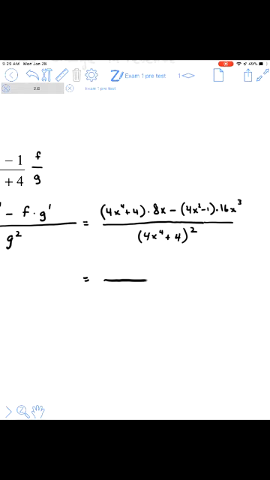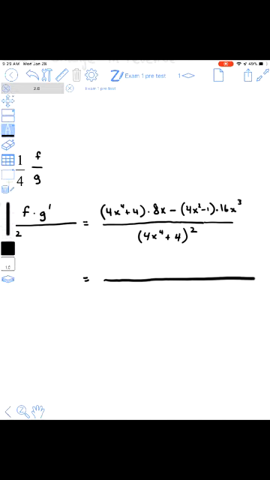Alright, this is really just distributing some terms in the numerator and then combining like terms.